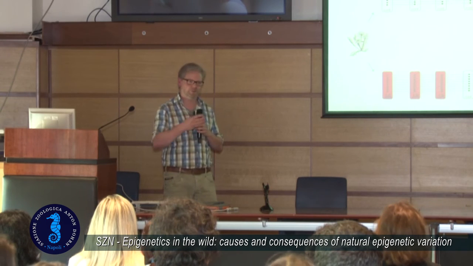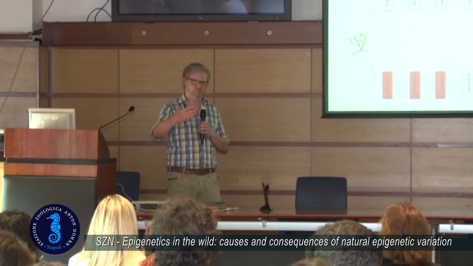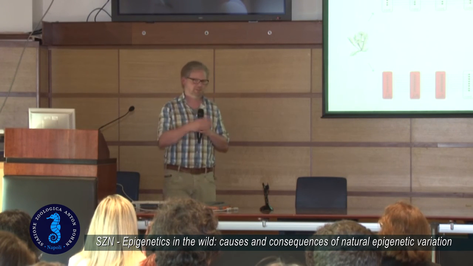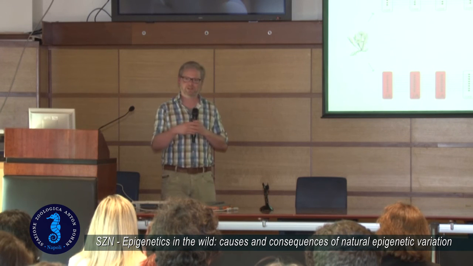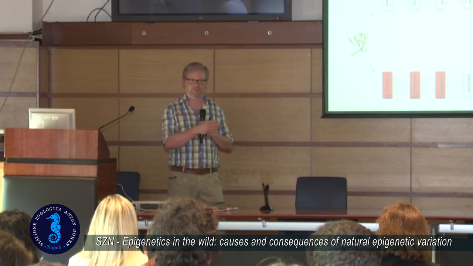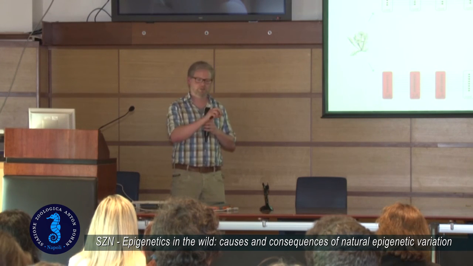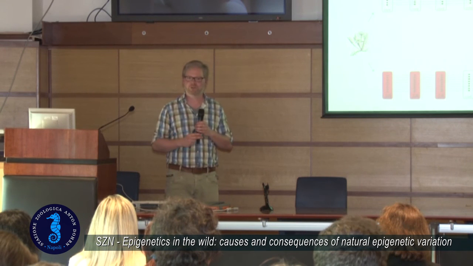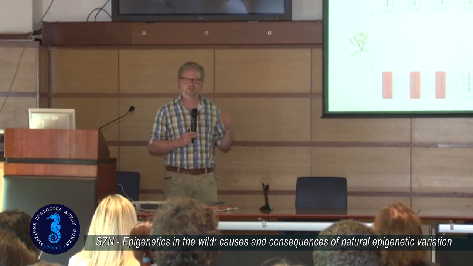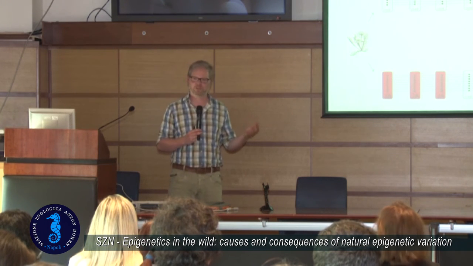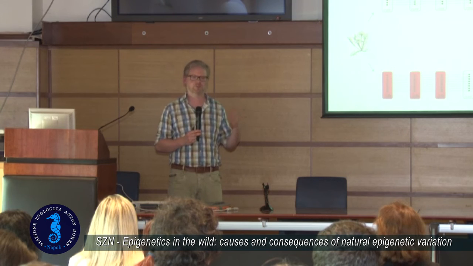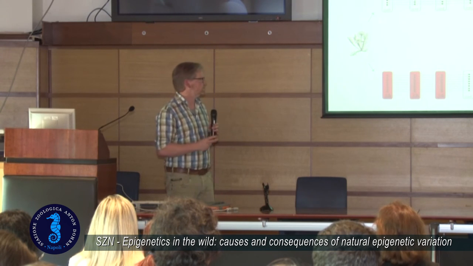We want to address the question: are these effects mediated by DNA methylation? We get some crude insight in that from the DNA methylation inhibitor study, but actually looking in the genome is what you want to do, and this is of course difficult if you work in a species that doesn't have a good reference genome, where things are limited.